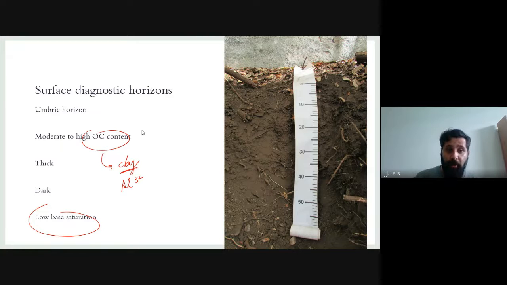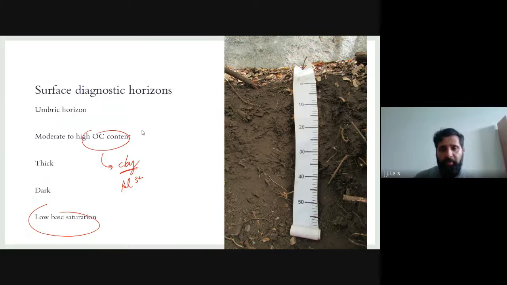So in soils that present a high content of clay, we could create a surface horizon that possesses a high content of organic carbon, because clay helps or favors the increase of organic carbon content. Okay, and we also can see this umbric horizon in soils that possess a high aluminum content, because aluminum is toxic to the microorganisms.